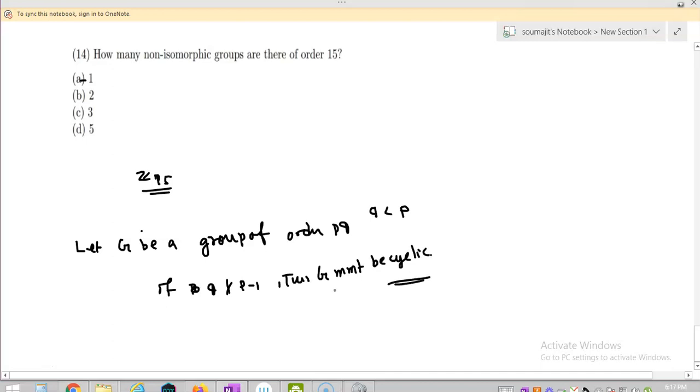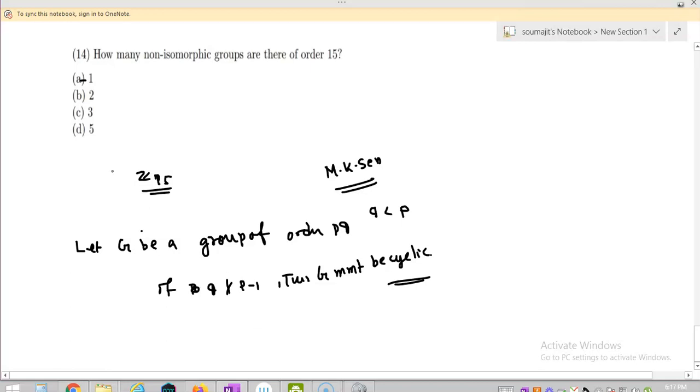You can check this result in Fundamentals of Abstract Algebra by M.K. Sen. This result is there, so I am going to use this result.